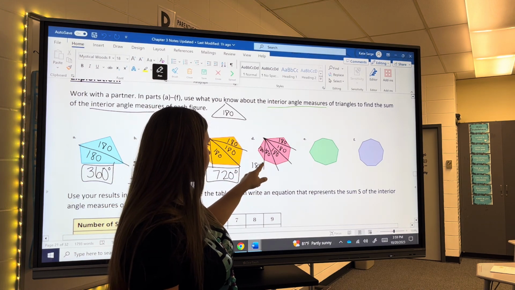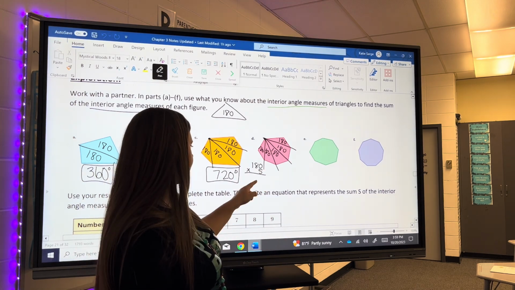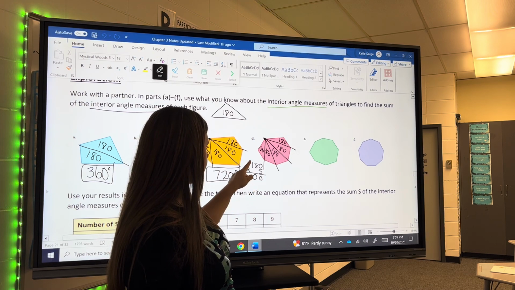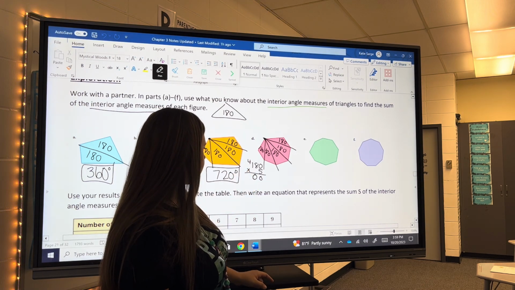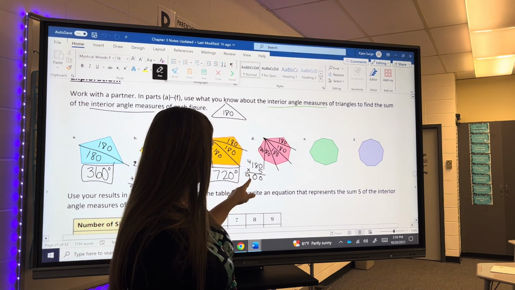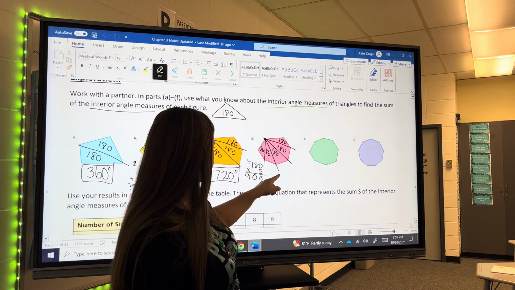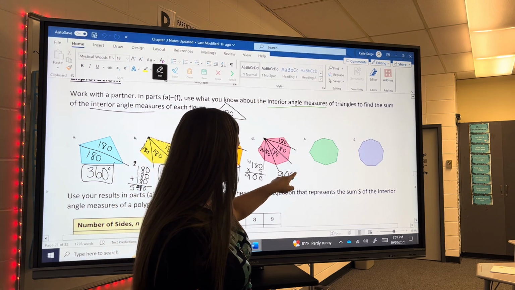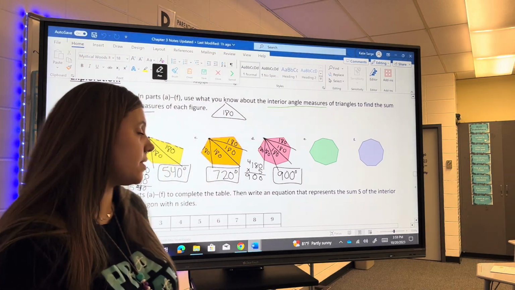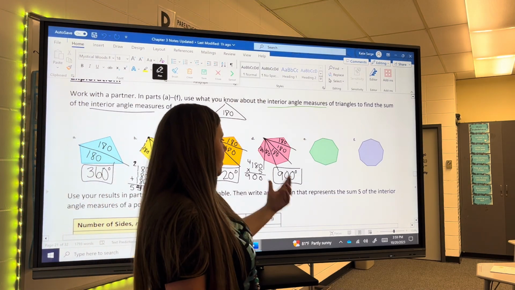So 180 times 5 is what? 900? So this one is a total of 900 degrees. Okay, are we seeing what's happening here? Hopefully.